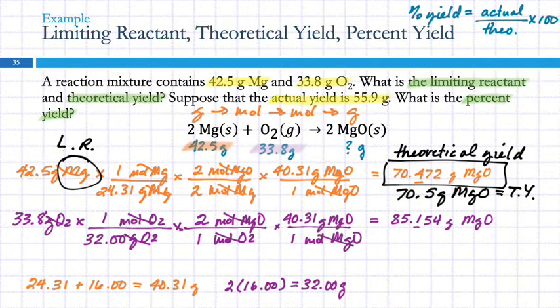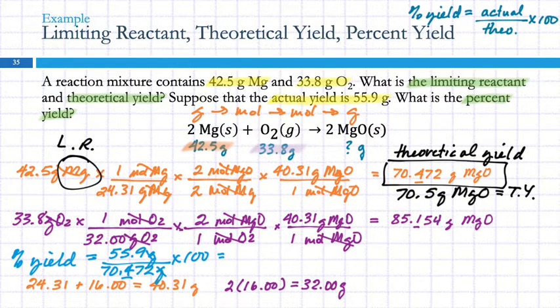So maybe we do this one in blue. Oops. So the percent yield is equal to the actual yield, which they told us right here, 55.9 grams, divided by the theoretical yield. We want to use the unrounded one, 70.472 grams, times 100.